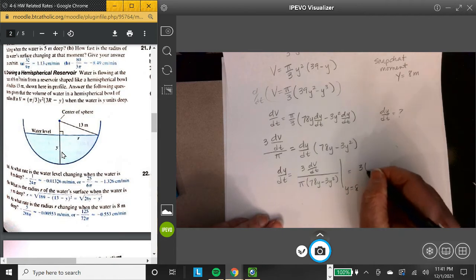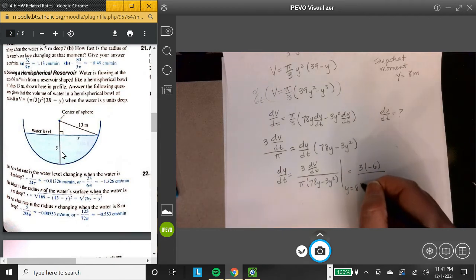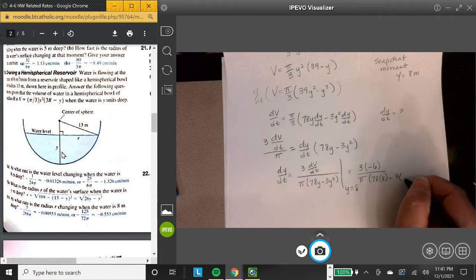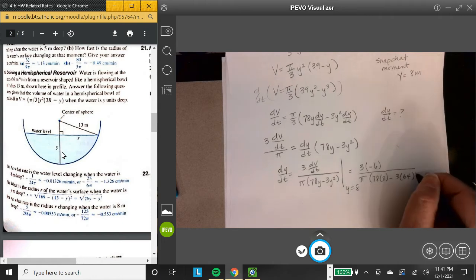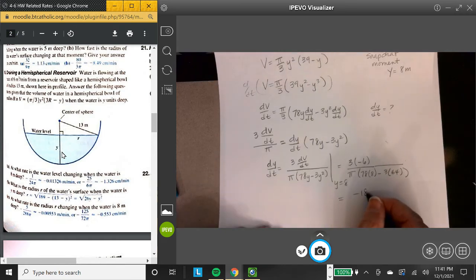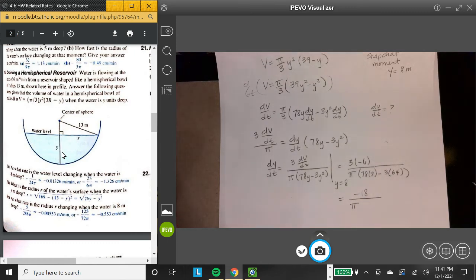So that's going to be 3 times negative 6 over pi times 78 times 8 minus 3 times 64. All right, so that's negative 18 over pi times, I'm not going to do that in my head, 78 times 8, which is 624 minus 64 times 3.